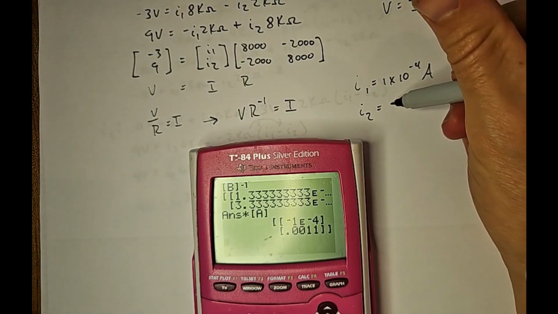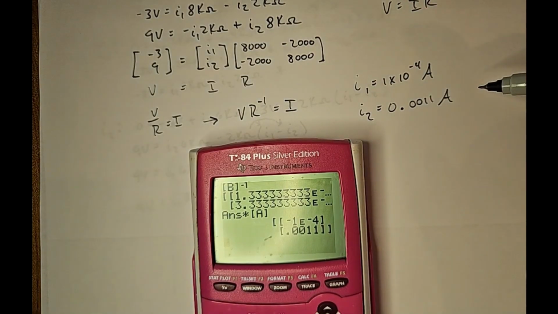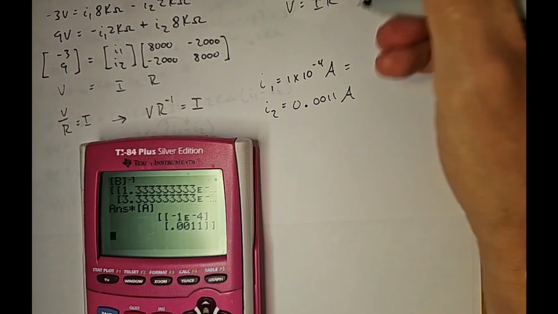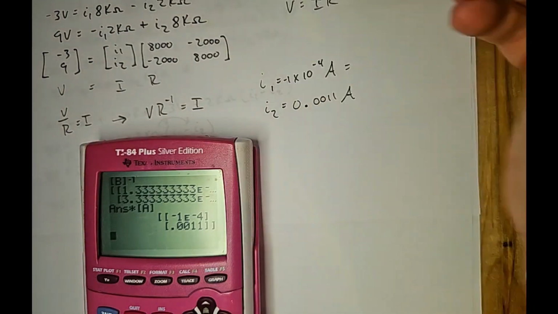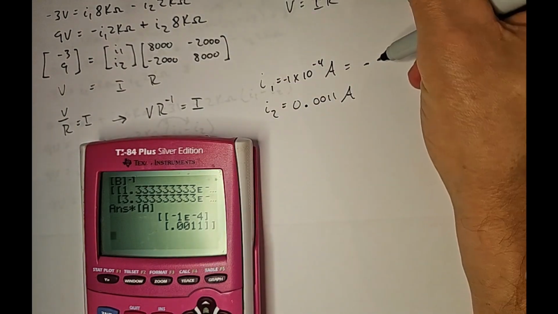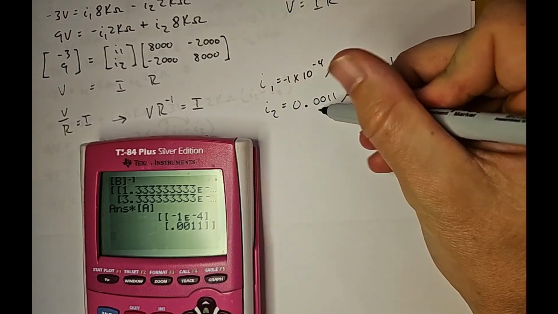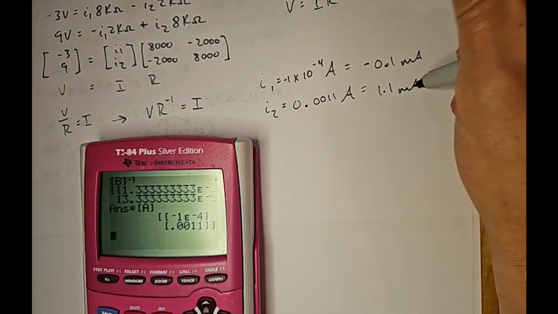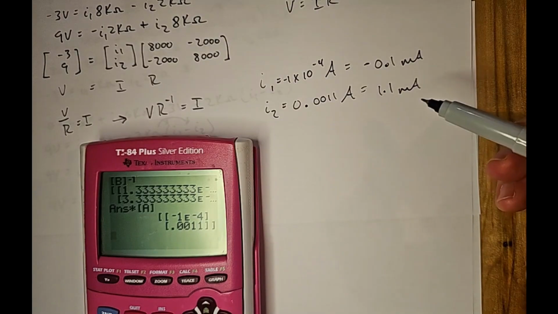I2 equals 0.0011 amps. Now if we put those into milliamps, I don't want to forget my negative: negative 0.1 milliamps and 1.1 milliamps. So those are our currents.